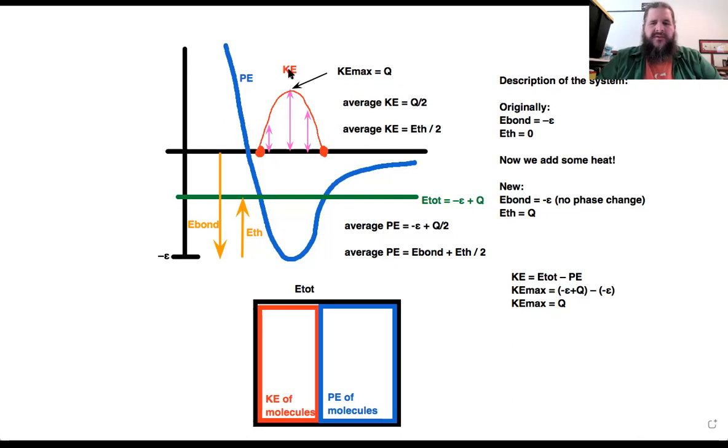So if we wanted to split this up instead as thermal energy and bond energy, we could say the bond energy is some of the potential energy. So some of the potential energy counts as bond energy. So let's say this section is E-bond.